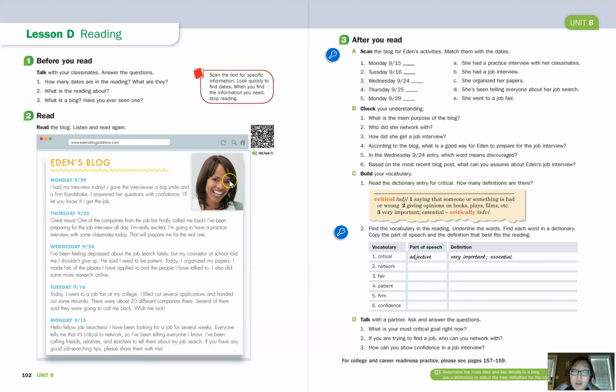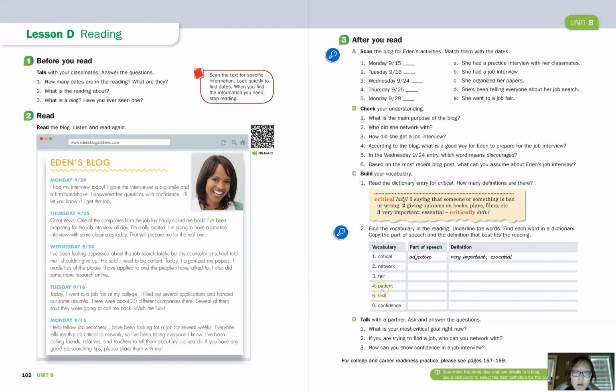But for this article, fair means like a gathering of people. So as you know, we also have county fairs when people gather and have fun in their county, and there are often rides and food like popcorn and funnel cake. Those are a different kind of fair, but it's also a type of gathering.